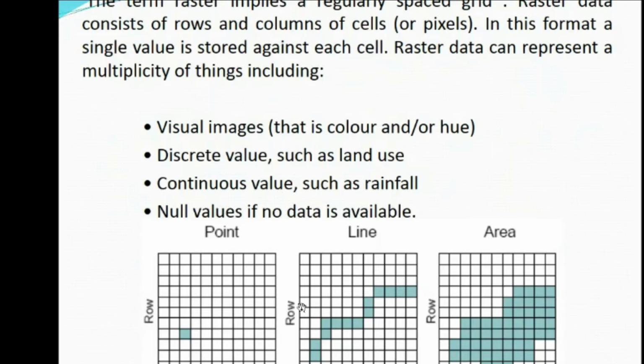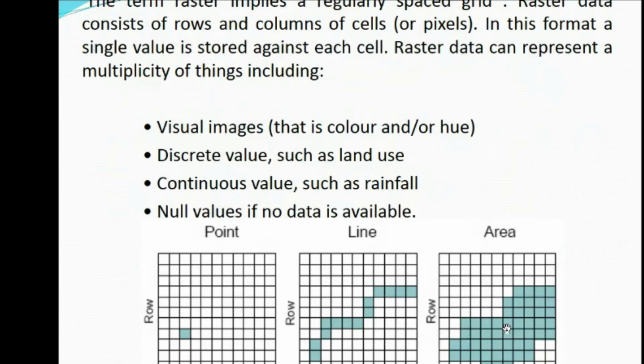You can see in this example that in the first case, most of the cells have null value, but in the last one, only a few cells are empty without any data. So as the number of cells increases, the data present in that image also increases.